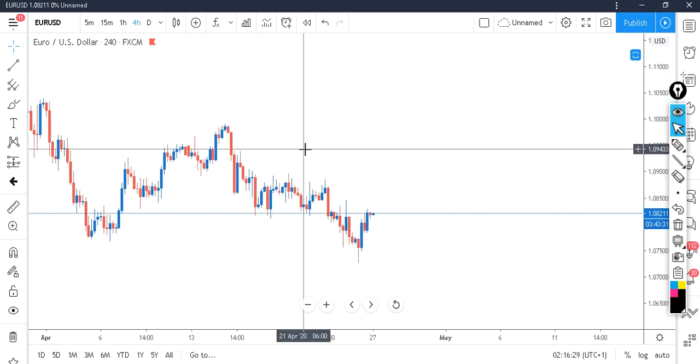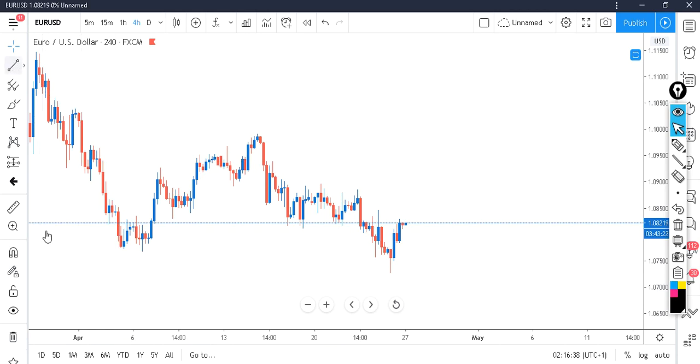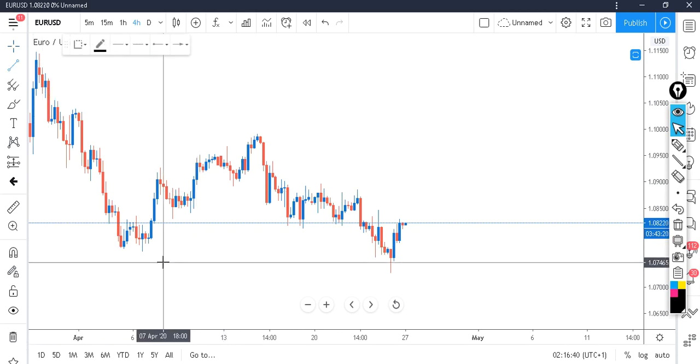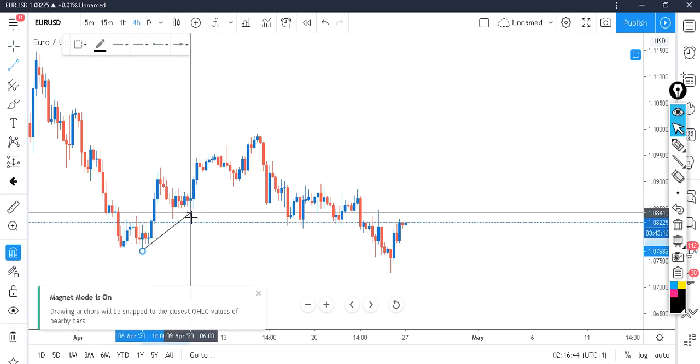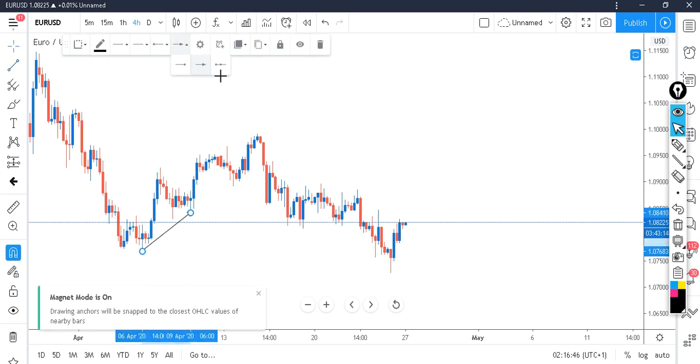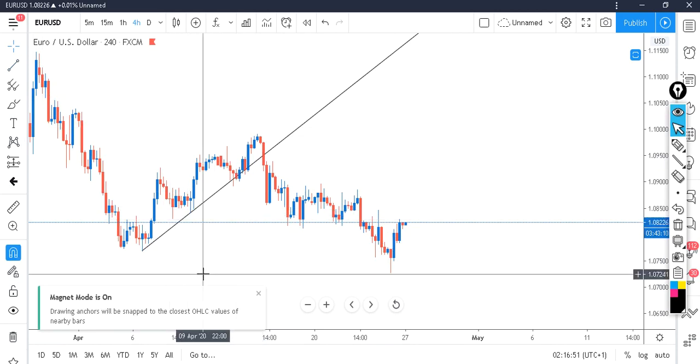Maybe you have heard from different traders having their own ideas on how to draw trend lines. Some traders will say the best way to draw a trend line is to draw from wick to wick. Well, it's not wrong.